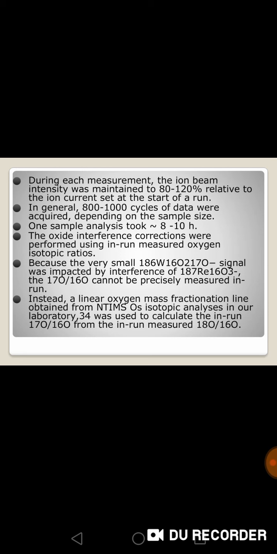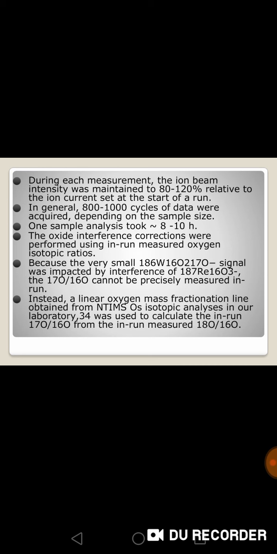During each measurement, the ion beam intensity was maintained at 80 to 120% relative to the ion current set at the start of the run. Generally, 800 to 1000 cycles of data were acquired depending upon the sample size, and one sample analysis took about 8 to 10 hours for completion.